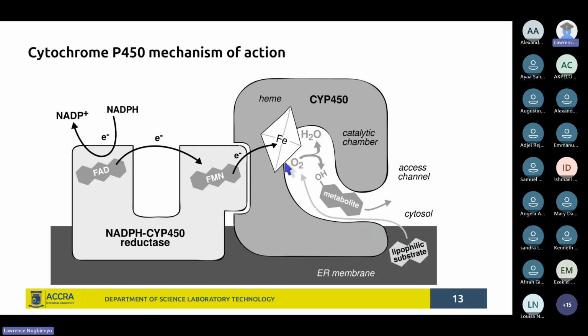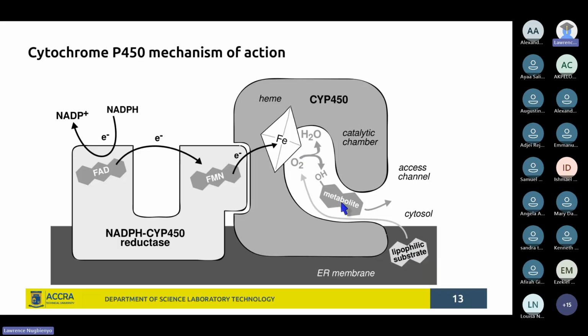And there oxygen is being broken down with some participation of water. Water is broken down into hydrogen ion and a hydroxyl, and you have the hydroxyl binding onto the substrate, the xenobiotic that enters the catalytic chamber.